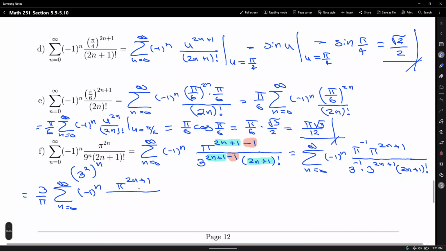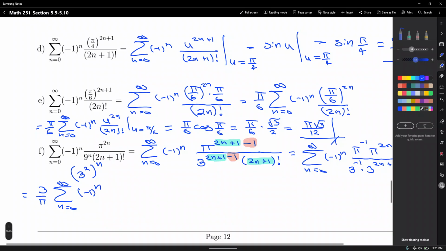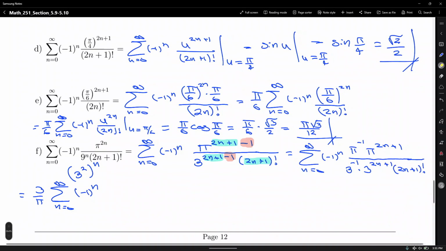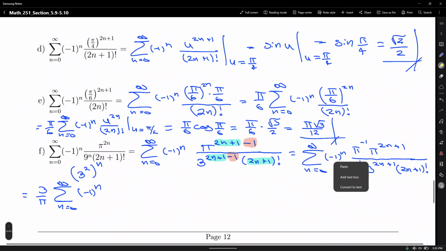Well, actually, not pi, because check this out. Let me highlight 3 to the 2n plus 1 with pi to the 2n plus 1. Actually, we can group it in one single factor to the 2n plus 1. So this will be pi over 3 to the 2n plus 1 divided by (2n plus 1) factorial.